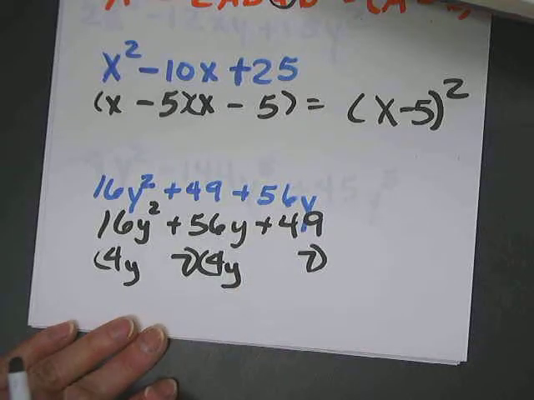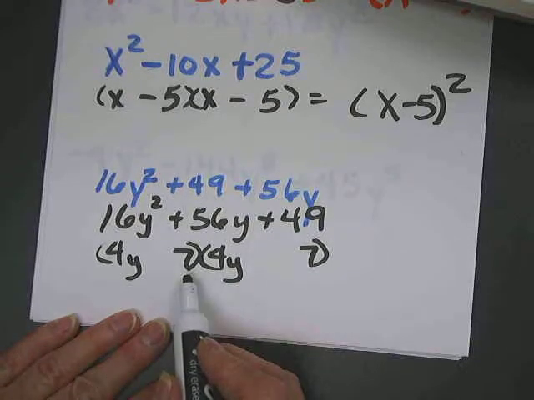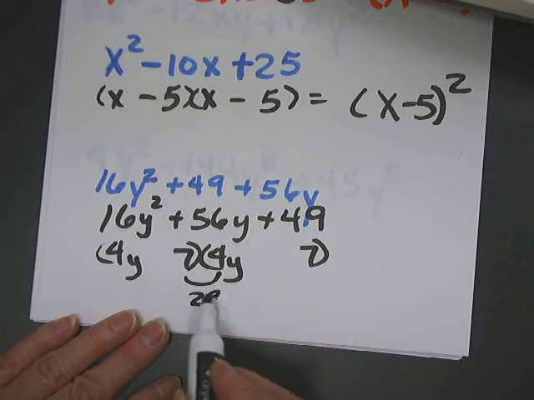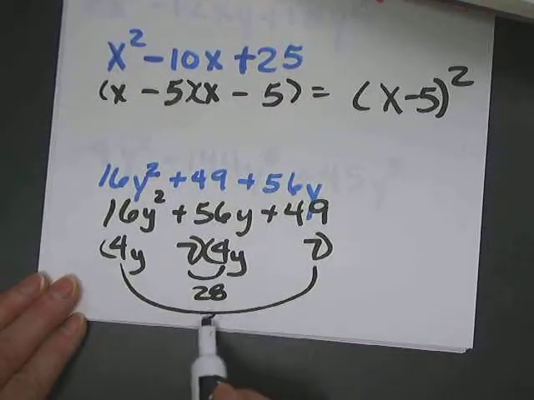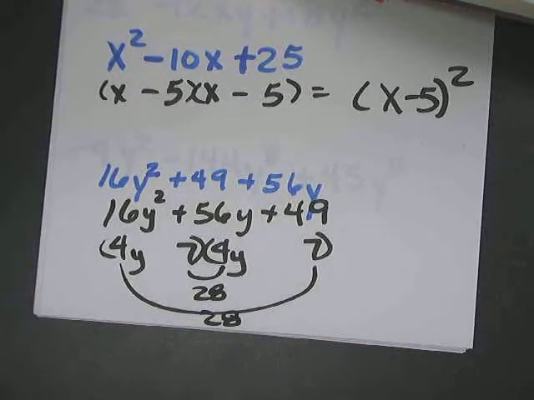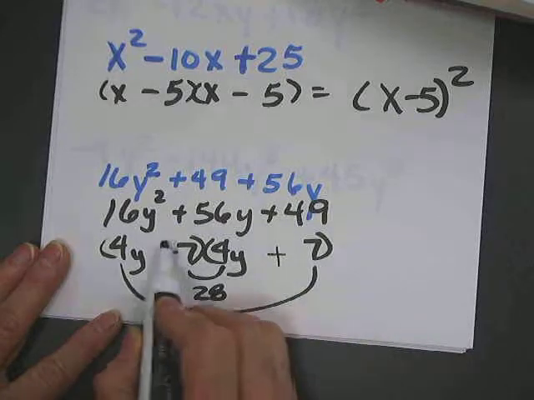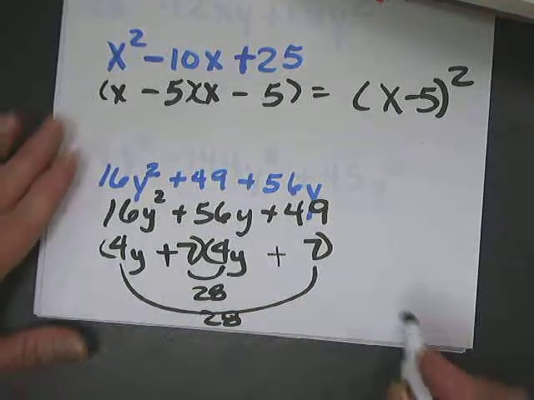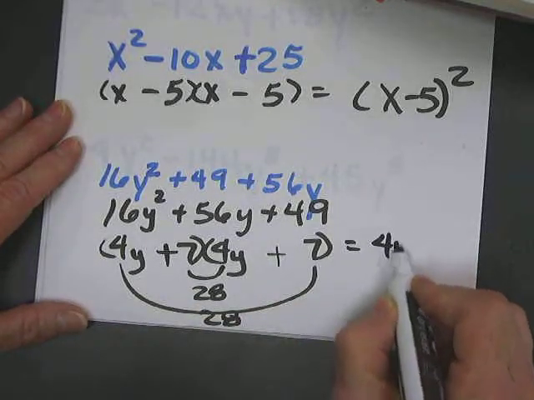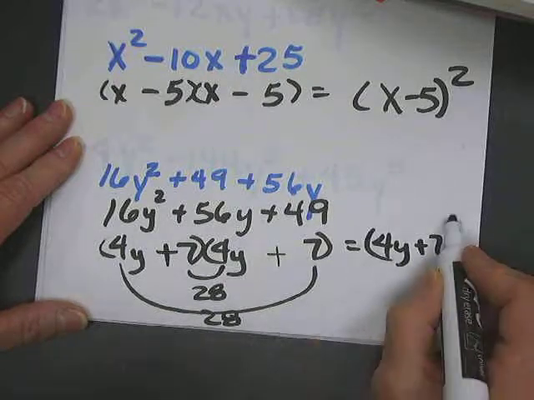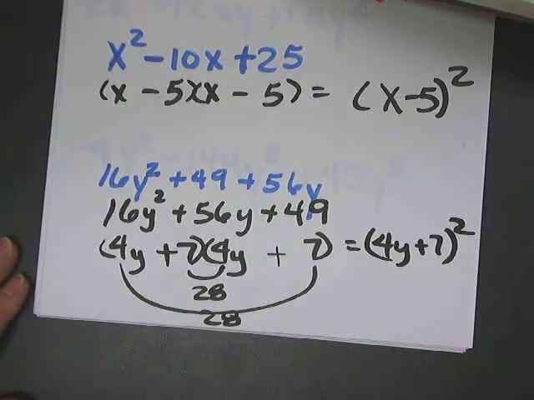We have a 56 here. How are we going to get 56 out of that? Multiply those. 28 and 28. That adds up to 56, right? Yes. So that's good. How are we going to get a positive? They have to both be that side. So we have 4y plus 7 squared.